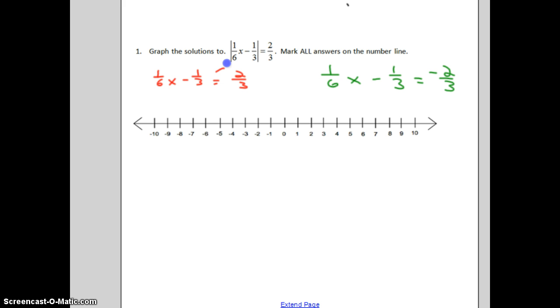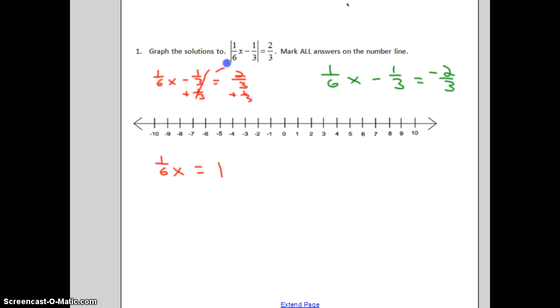All right. Now we're going to solve both equations. Going back to the first equation, you're going to add 1/3 first to both sides. Okay. Now you're going to be left with 1/6x equals 2/3 plus 1/3 is 1.